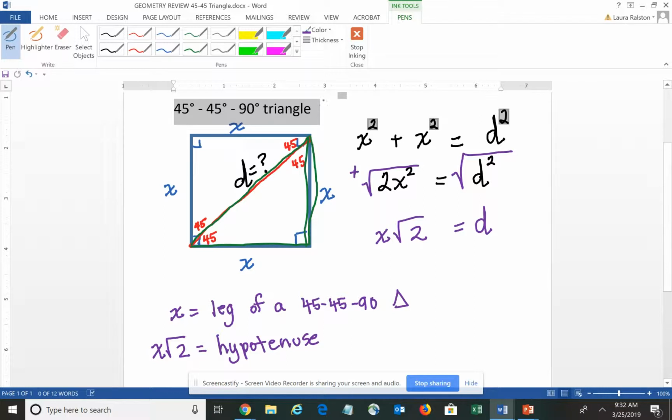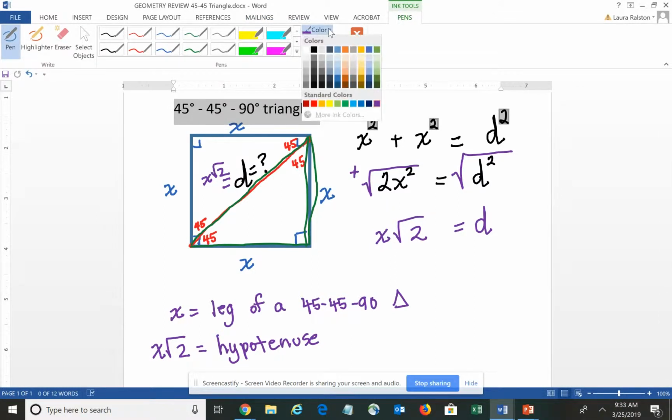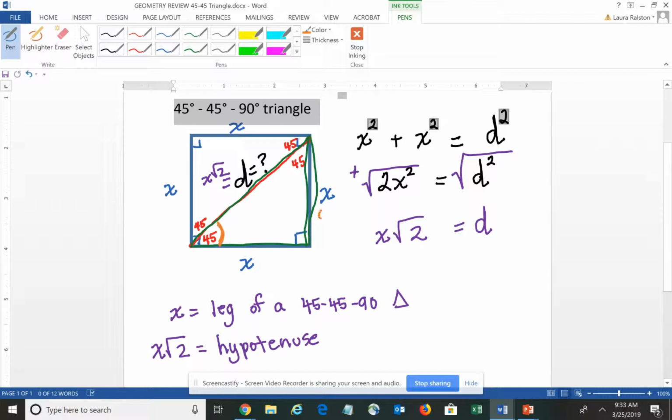Then if we think about our trig relationships, knowing that this hypotenuse is x times the square root of 2, it doesn't really matter which one of the angles we decide to focus on because they're both 45. But let's say we focus on this angle here so that you have opposite and adjacent, and of course, the hypotenuse.